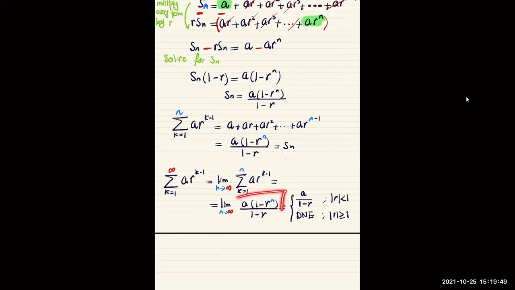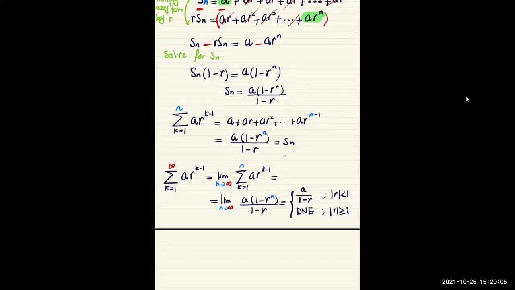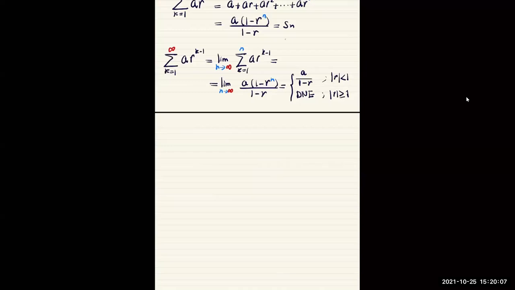Here is the formula. Again, that limit is dependent on r. Okay, if r is a number between -1 and 1, then as n goes to infinity, this r to the n goes to 0. And this is what you end up with.